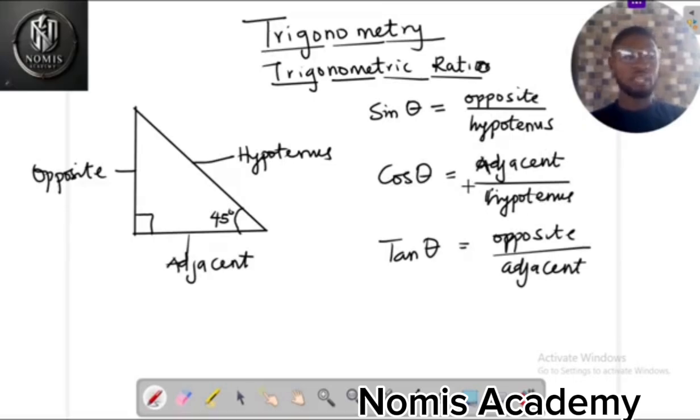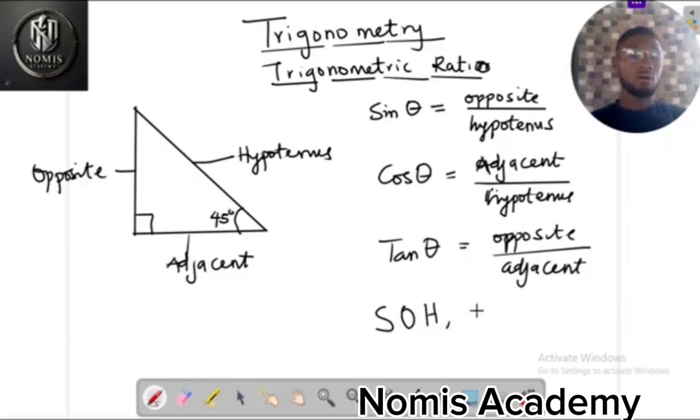That is one way. Another way to learn this and then not to forget: sine is S, sine theta S, and the ratio is opposite all over hypotenuse.